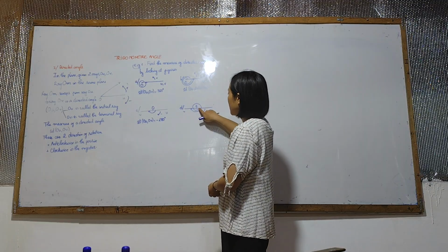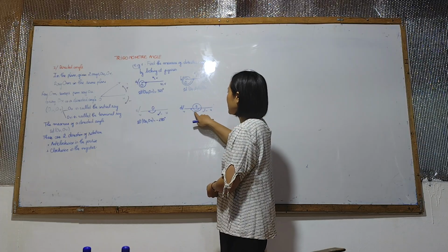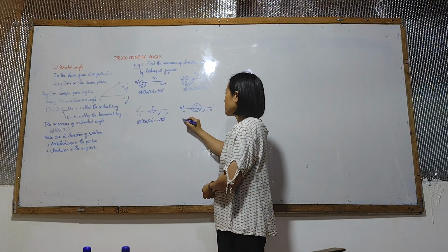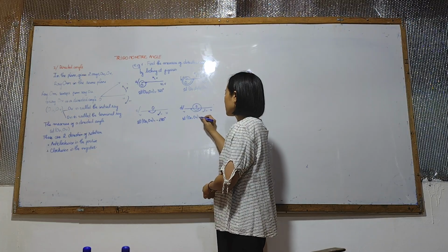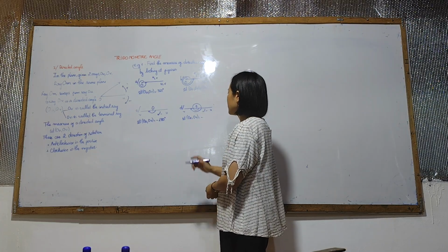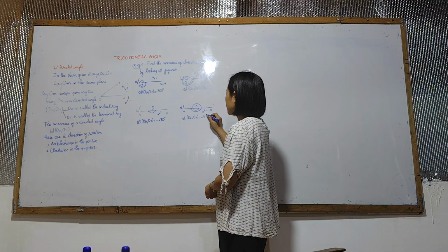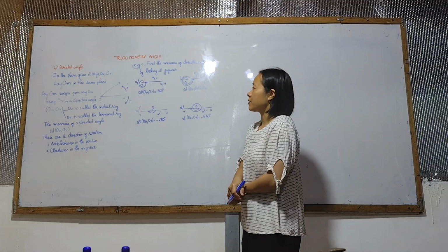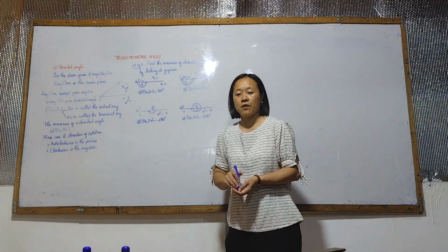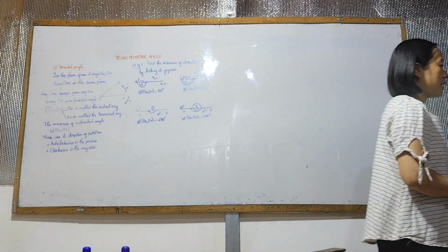And in D, we have a round and a half round, so the measure of this directed angle equals negative 540 degrees. Yes, that is the directed angle. Now, we will move to the next part.